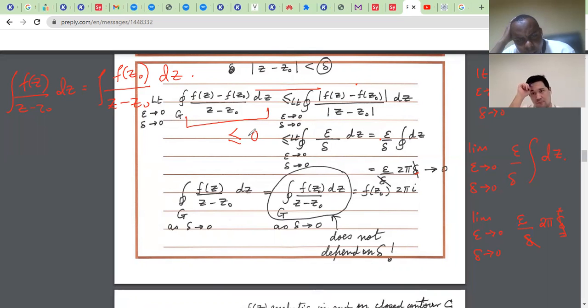So what just happened? Why does it say 2 pi I again? It's from the formula above.